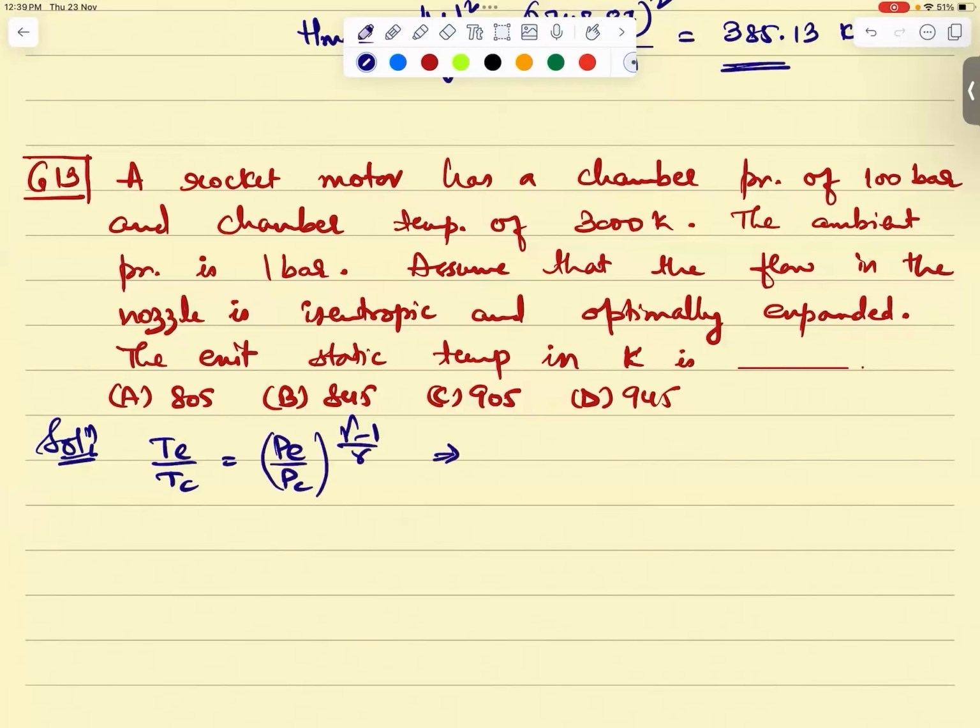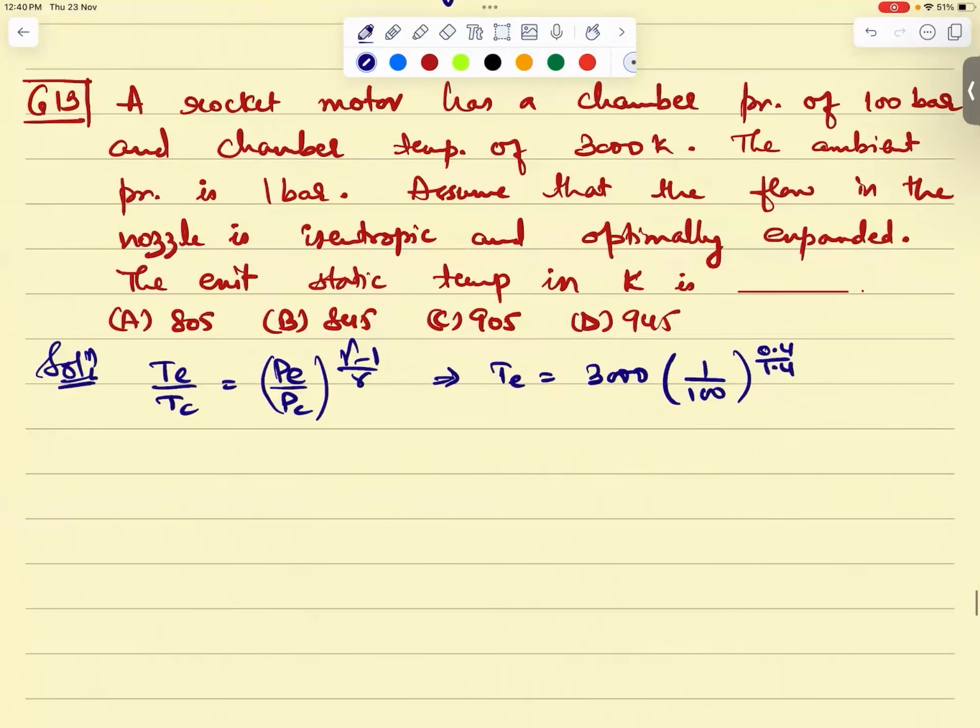So you will get T as 3000 into (1 by 100) to the power of 0.4 by 1.4. You will get this as 804.86 Kelvin. Hope you all are through.